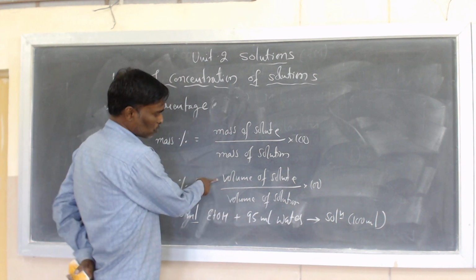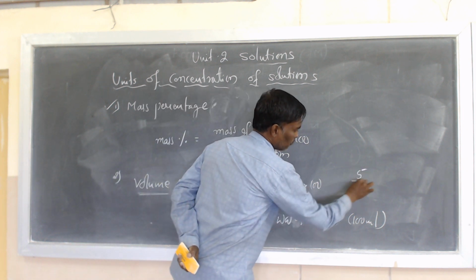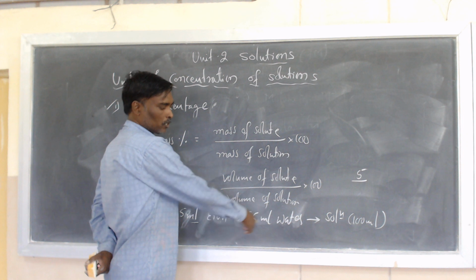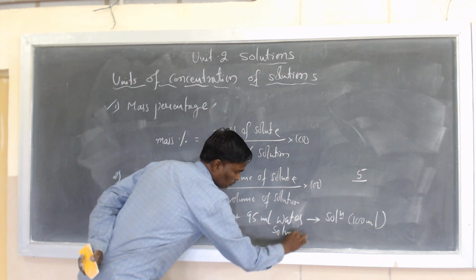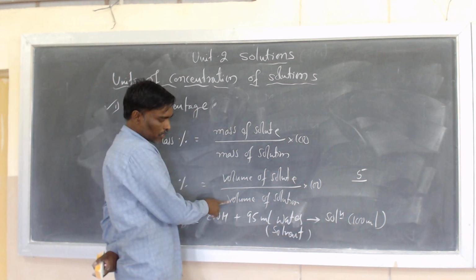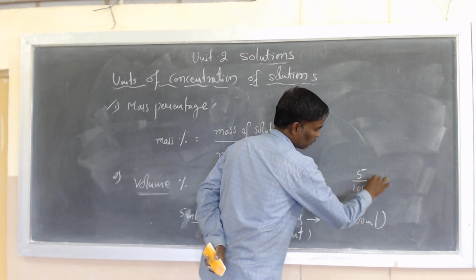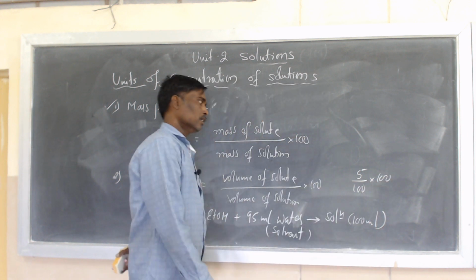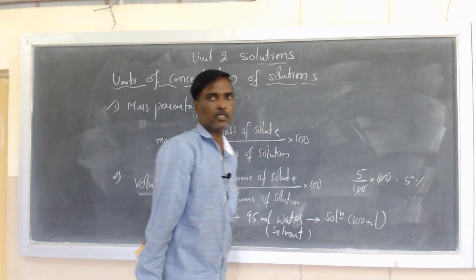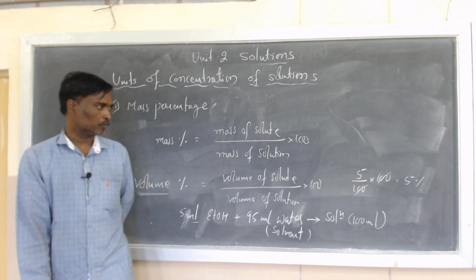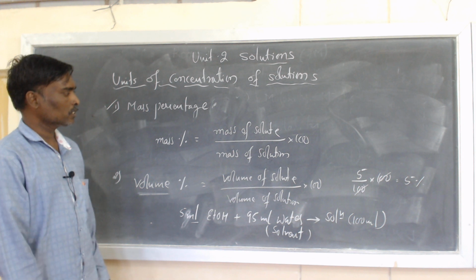Then substitute in this formula: volume of solute is 5, so I am writing 5 divided by the volume of solution, in the denominator, which is 100, into 100. So 100 cancels, and that gives 5. So it is a 5% ethanol solution. Like that, we calculate the volume percentage using this formula.